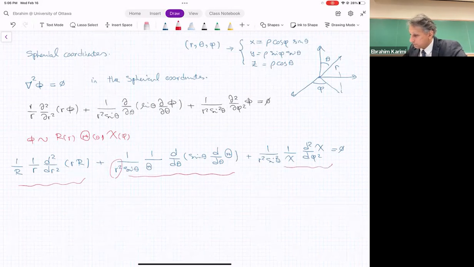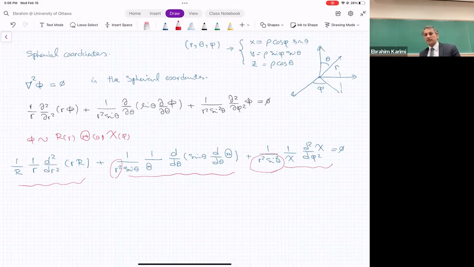This is a function of phi, theta and r square as well. We can go with the same technique that we described previously. And we know very well that if you multiply both sides by r square sine of theta square, then the last term will be only a function of phi. The rest will be a function of theta and r.